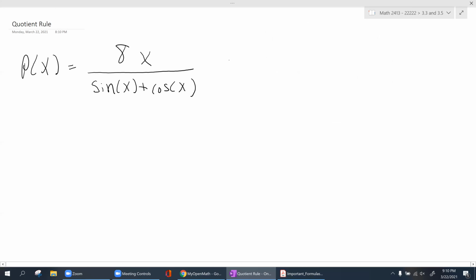All right. So in other words, what you're going to do here is, hey, this is quotient rule. Where f is my top, which is 8x, I'm going to find an f prime. And then I have g, which is sine of x plus cosine of x. And that's fine. In your denominator, you may have more than one term, and that's completely fine.